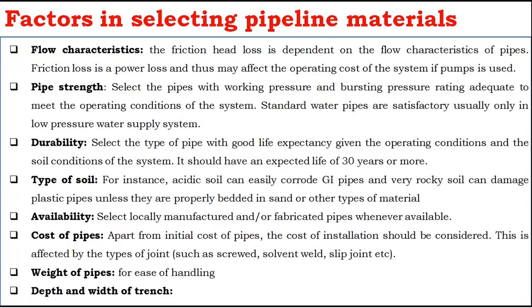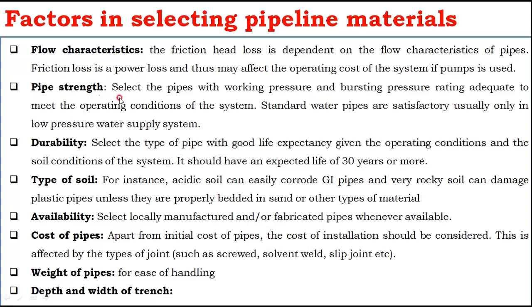There a friction factor comes. That friction factor depends on the materials used in the pipe. If you are using a concrete pipe, there will be a rough surface inside. Then when water flows through the concrete pipe, there will be more loss due to friction. Therefore, if you want to avoid the friction, then you need to go to smooth pipes. Therefore, selection of the pipe depends on flow characteristics.